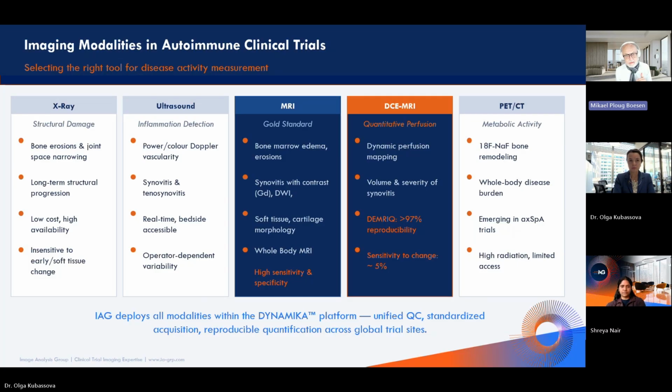And then you can not only look at the bone, but you can also look at the cartilage. And the cartilage seems to be also an important outcome measure in all of the joint diseases, whether inflammatory or degenerative. MRI also allows you to do whole body MRI. It's becoming more and more prominent in some areas because you can screen large body parts, for instance, for bone marrow edema and for enthesitis in psoriatic arthritis, as we did in a trial with Amgen.